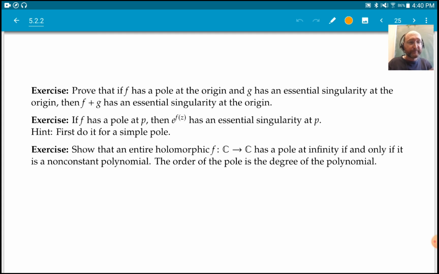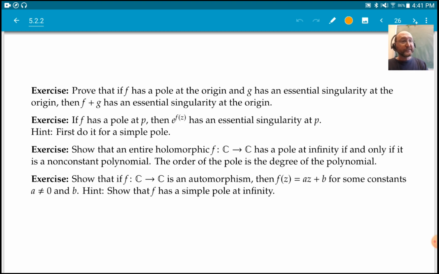But a polynomial only has terms up to a finite degree, and that degree is the order of the pole at infinity of this function. So an entire holomorphic function is a polynomial if and only if it has a pole at infinity, and the order of the pole is the degree of the polynomial. That's basically a version of the proposition, just flipping with 1 over z.